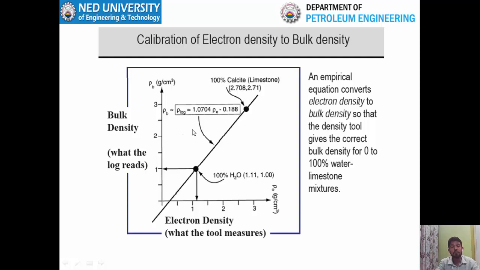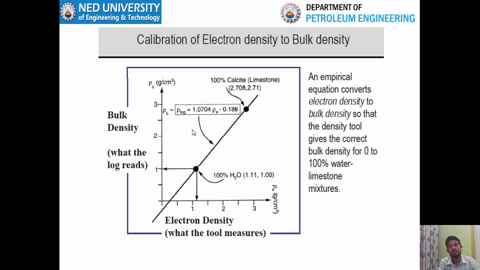Again, this work will be done by the logger that has run the tool. So as a petroleum engineer, when we are working at an office of an E&P company, we are provided the logs where all this work has been done. So we are provided with the bulk density. We are not provided with the electron density or the correlation.